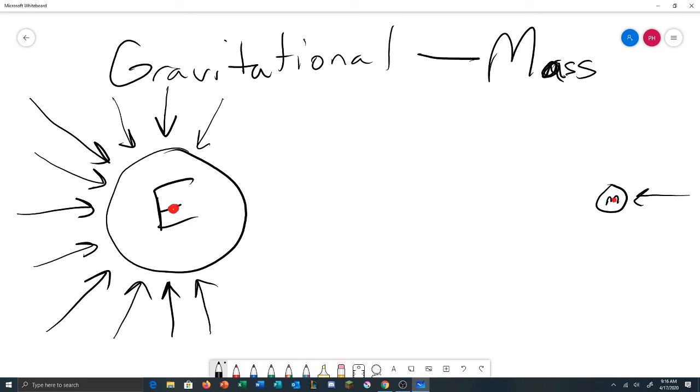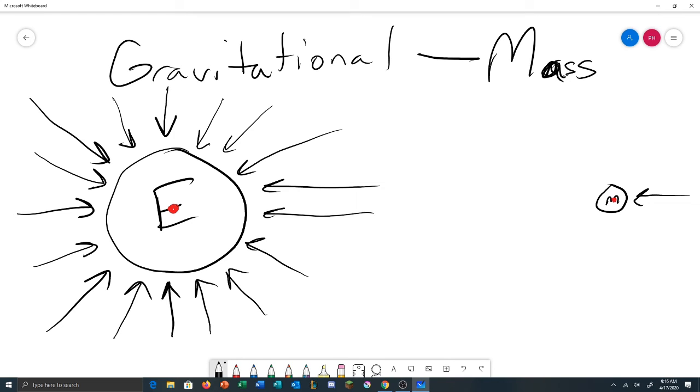Because of this, we'll have arrow here, arrow here, arrow here, arrow here. Because of this, as it gets closer to the moon, yes, the moon will have its own arrows out here.